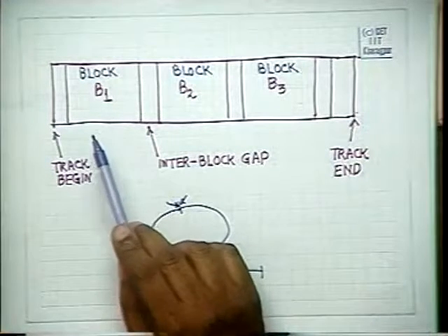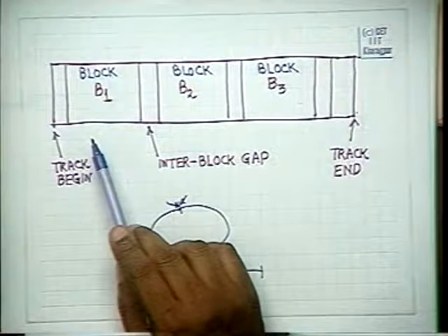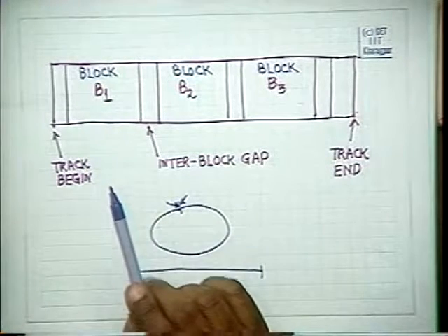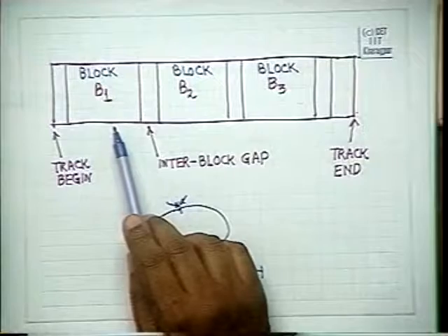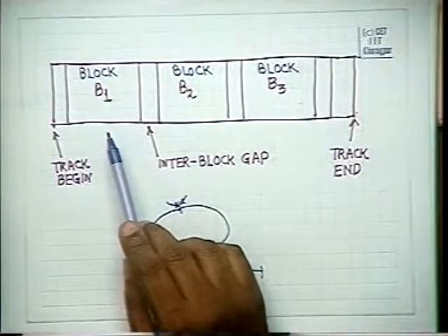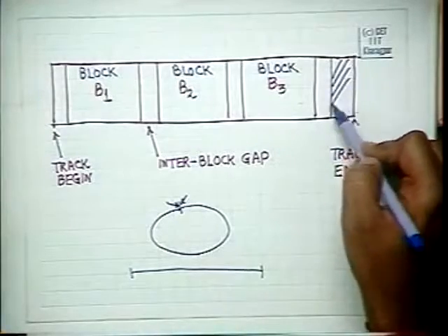Because you are not storing it in bitwise or in bytewise information, because when you write you have to write that whole block, when you read you have to read that whole block. You cannot write or read individual portions just like that. So a track is divided into a set of blocks, and for example this may be a wastage.